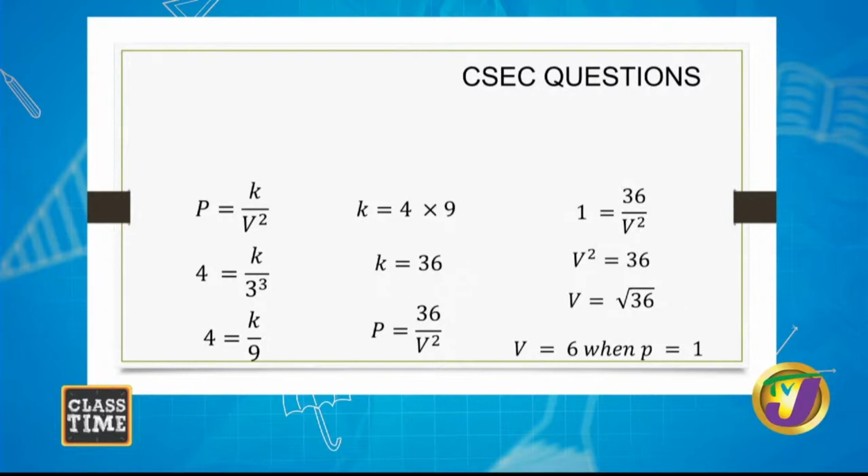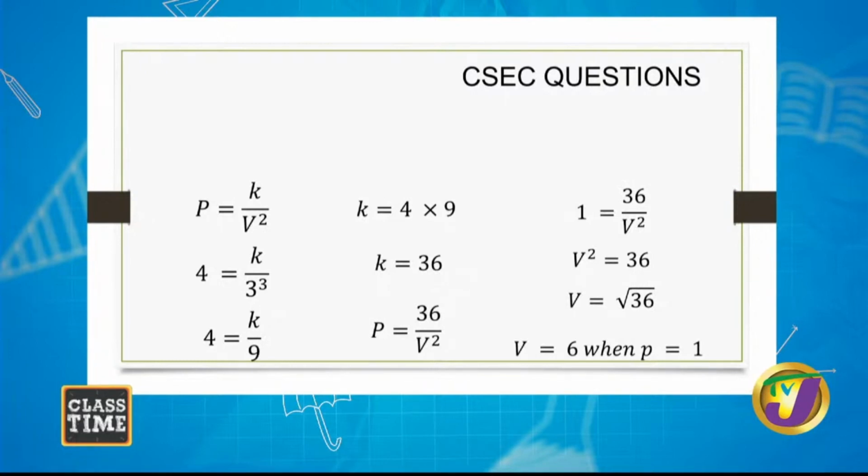So how do I know that this answer is supposed to be 6? If we look back at the question, it asked us for the positive value of V. So we know that V would be 6 and not negative 6.